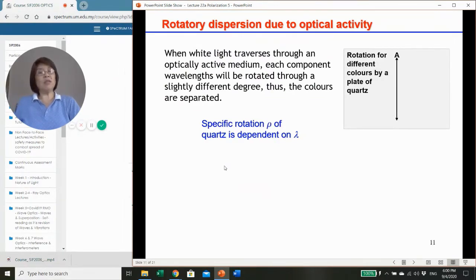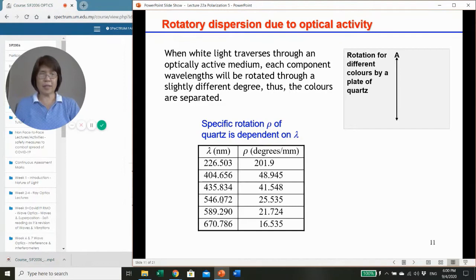And we also see rotatory dispersion due to optical activity. So if you pass white light through an optically active medium, each component wavelength will be rotated through slightly different degrees. Because of that, the colors can be separated. For example, here we have the specific rotation for quartz, and it's dependent on the wavelength.